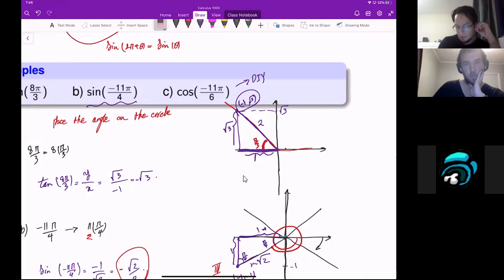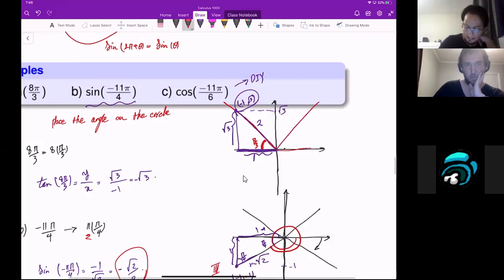Okay, my triangle may look a little bit strange here, but the point is this. You see, this is pi, this is pi over 3, then this is another pi over 3. The remaining part between these two is pi over 3.